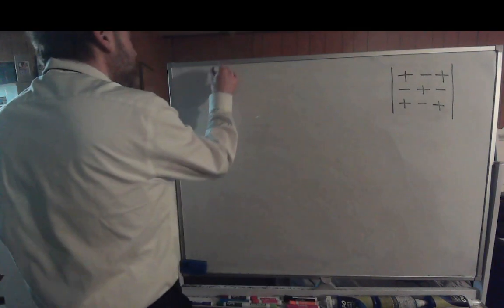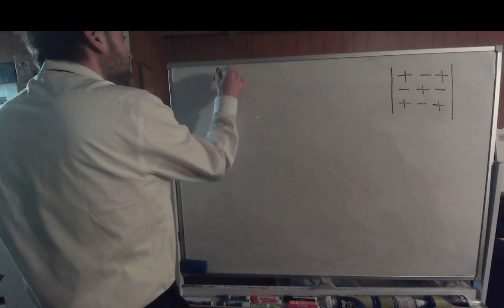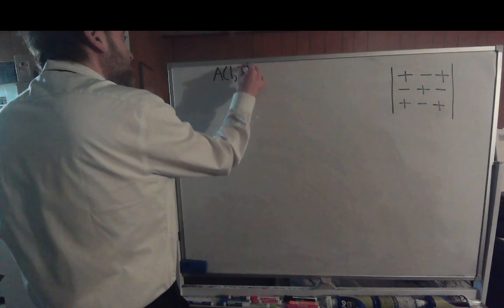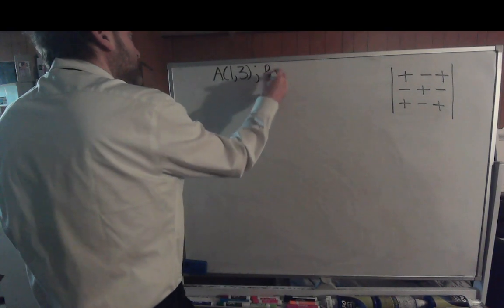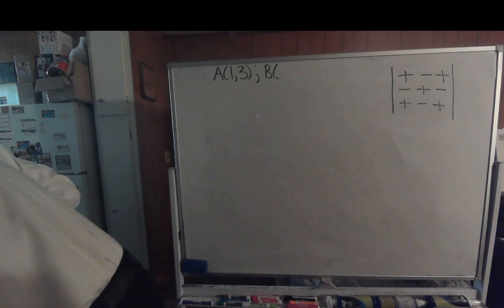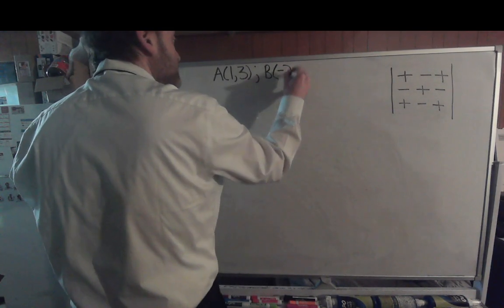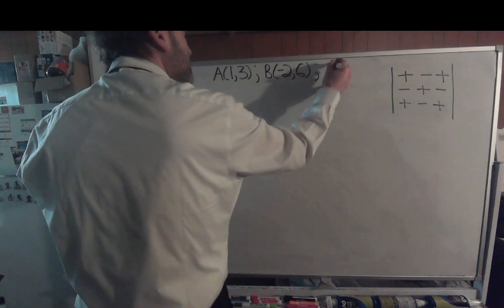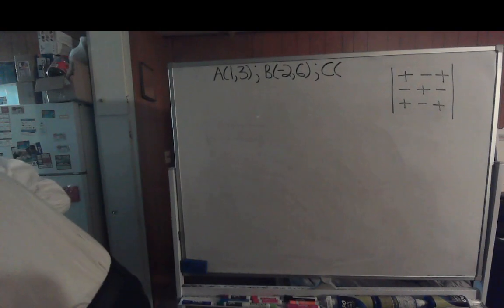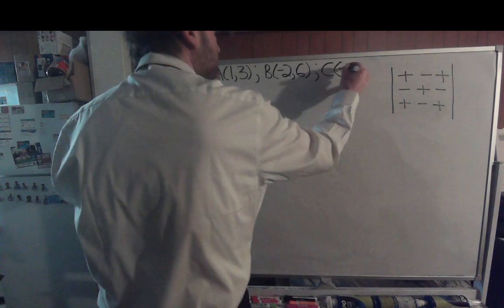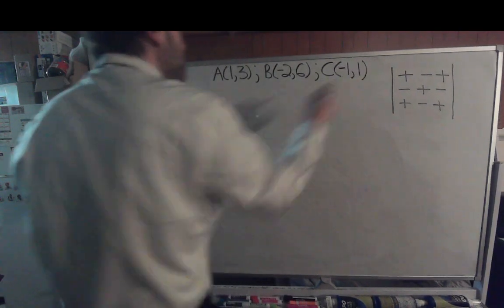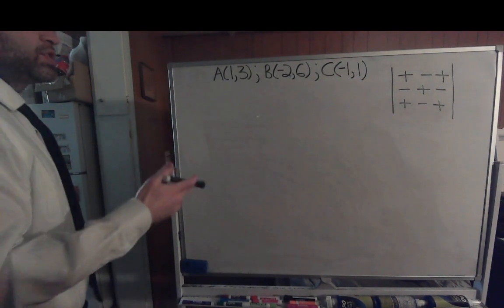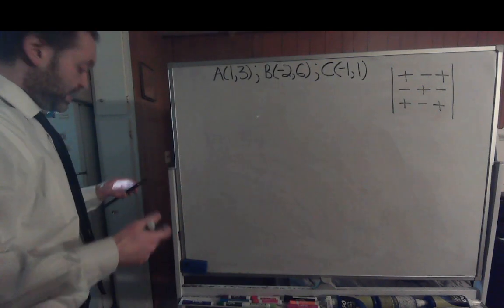Alright, how about if A has the point 1, 3, B is at -2, 6, and then we have C, which is at -1, 1. Alright, so we need to determine, are these 3 points in fact collinear?